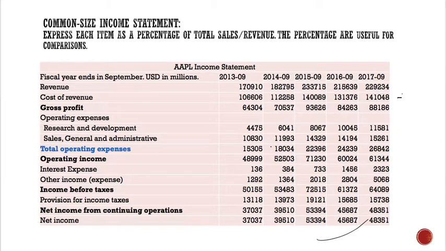How do we express to what extent the cost of revenue is, how do we measure it? We just use this number, divide by the revenue. And then we get a fraction. We can get a percentage.